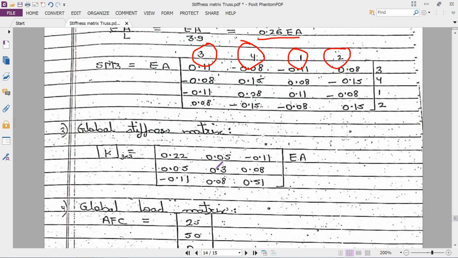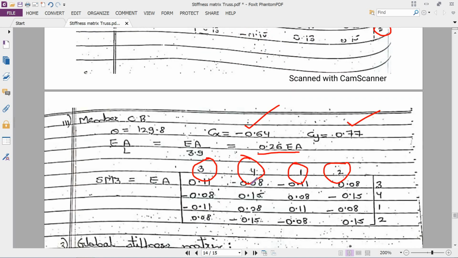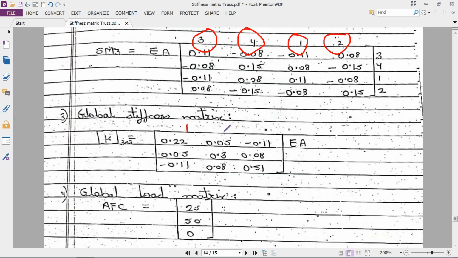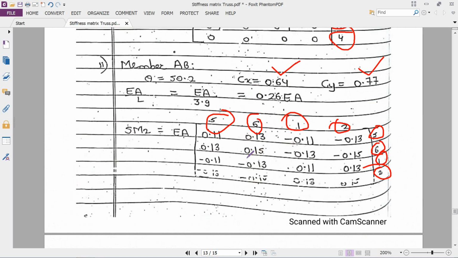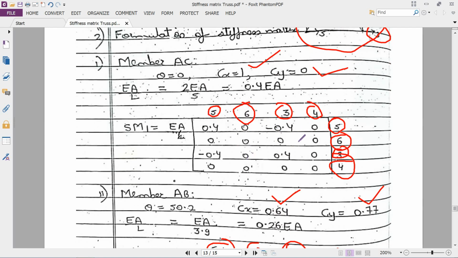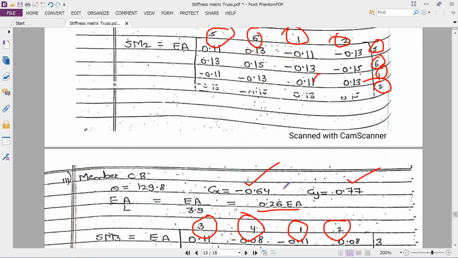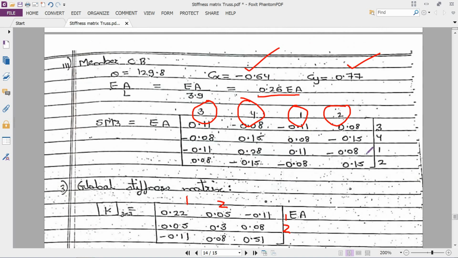Then the global stiffness matrix. We have to see where we have to calculate the unknowns. The unknowns have to be calculated at points 1, 2, 3. So we write here 1, 2, and also 1, 2. Let us see 1 1. Where is 1 1? From here there will be no 1 1. This is 1 1, it is 0.11, and here also 0.11 is there.